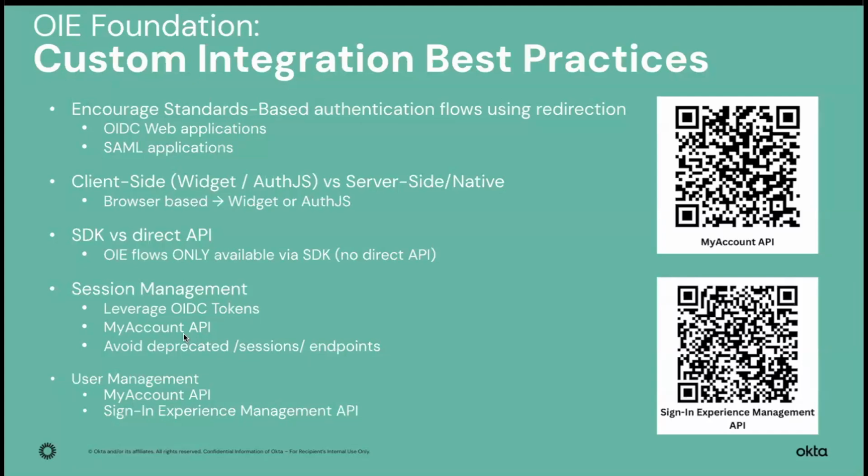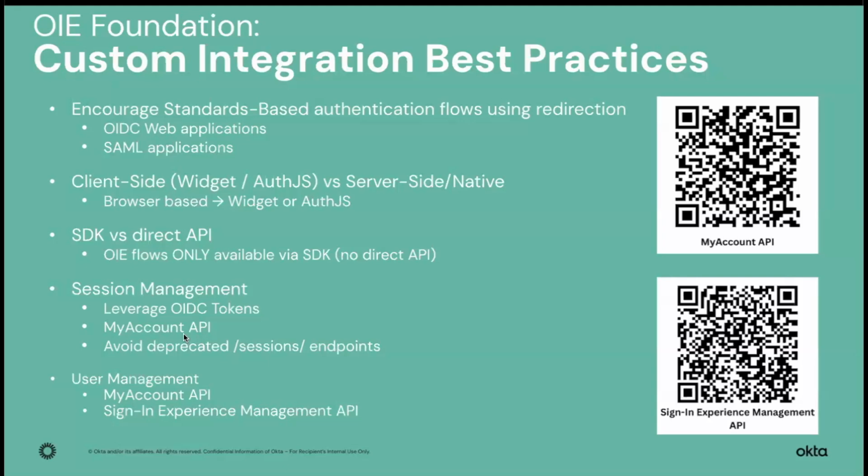And then finally, if you are doing either server-side or native implementations, the OIE flows are now only available via SDK. So there's no longer any direct REST API that's exposed for the OIE flows. They're all available through OIE specific SDKs for the various platforms.